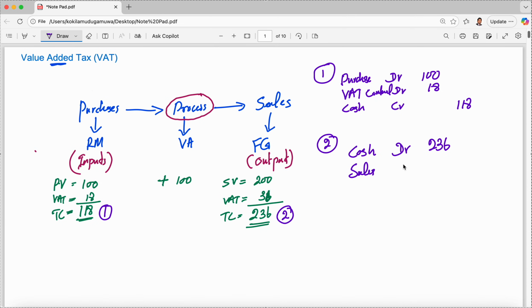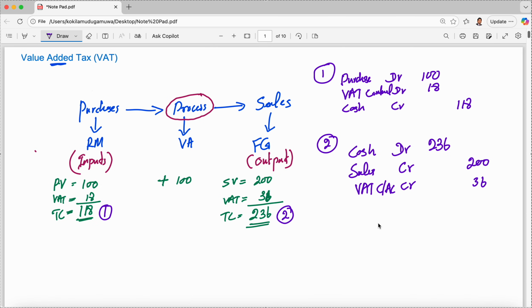Sales credit 200, and you will recognize VAT because you collect it from the customer and you need to pay that amount to the Inland Revenue Department, right? So this is VAT payable or VAT control account, 36, right?